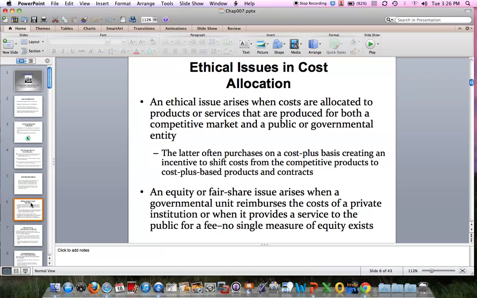And so there's an equity or what they call a fair share issue when it comes to this. And of course that's why governments have auditors, and that's why they like to see a company's numbers to determine is the cost that a company came up with, does it truly make sense?